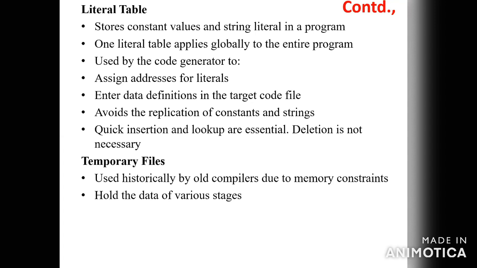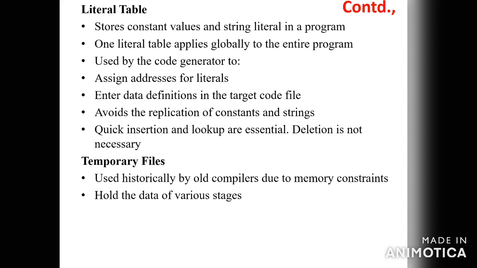Each and every phase gets the output from the previous phase. So this is for data structure compilation. This is also a 4-mark question for your examinations. So when you explain data structure compilation, you have to write all the things.